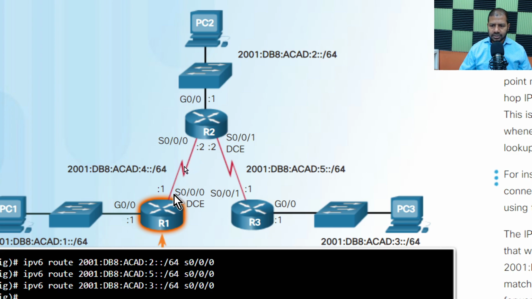Since these two routers are directly connected, I can say just simply go out via my own interface S0/0/0. If it goes out through my S0/0/0, it's definitely going to hit this router. So I don't have to write this IP address. I can write just go out via S0/0/0. That's what I'm doing right here.